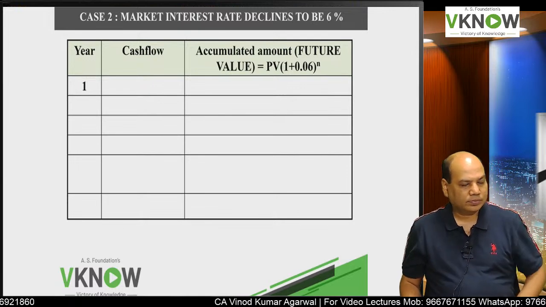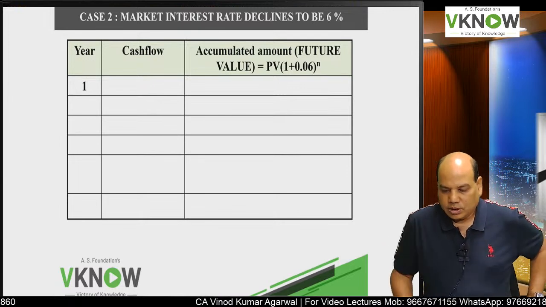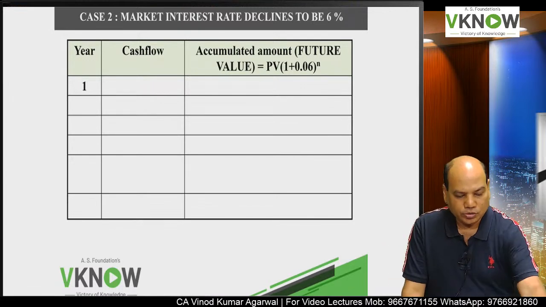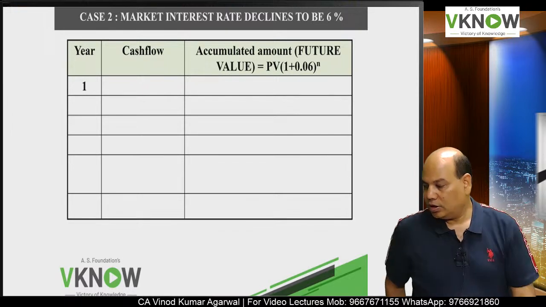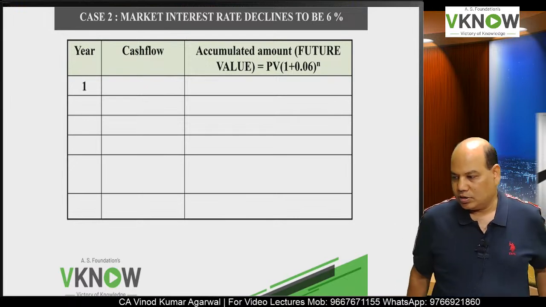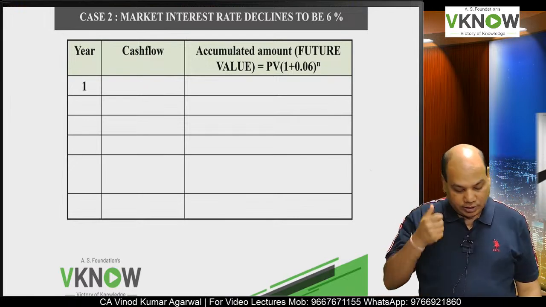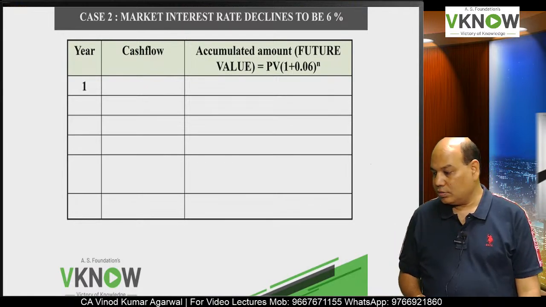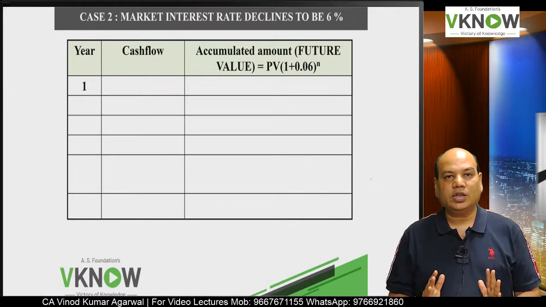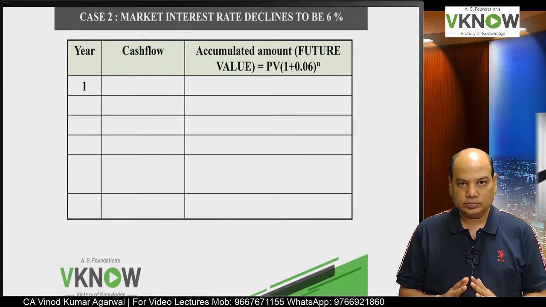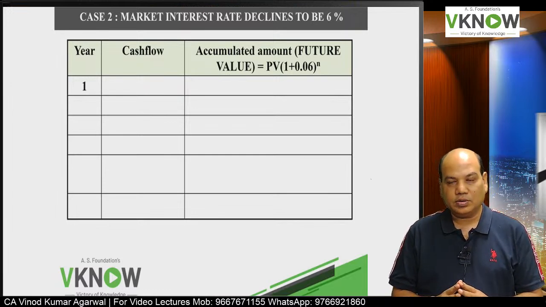Case 2, write down. Market interest rate declines to 6%. If the market interest rate declines to 6%, then what will happen? You will be able to reinvest the coupon at 6%.